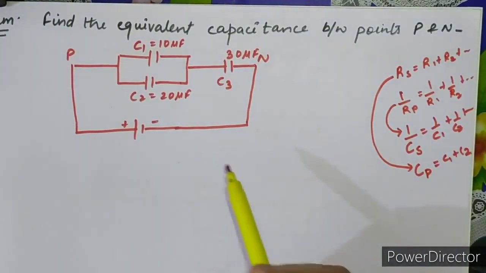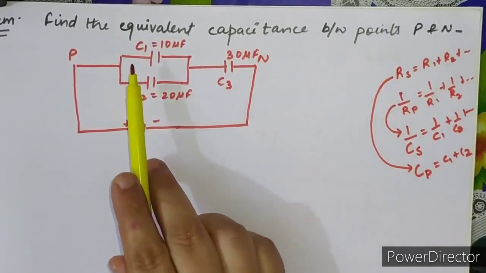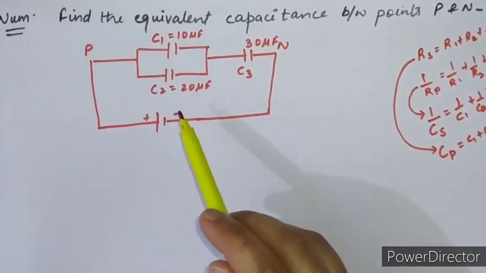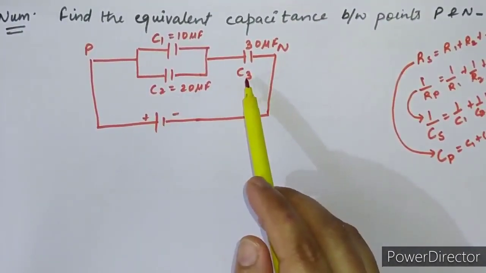Now, there are three capacitors connected in a particular combination: C1, C2, C3.